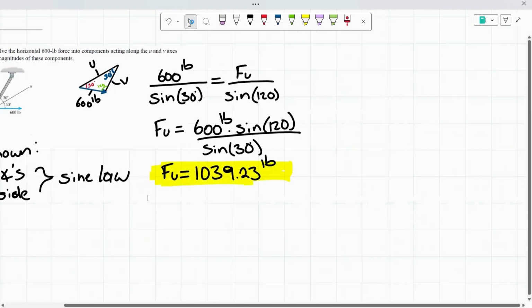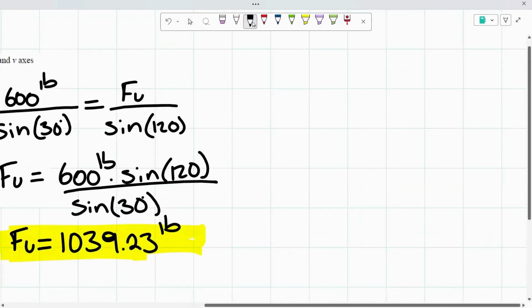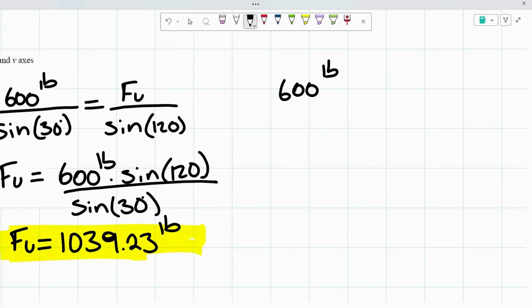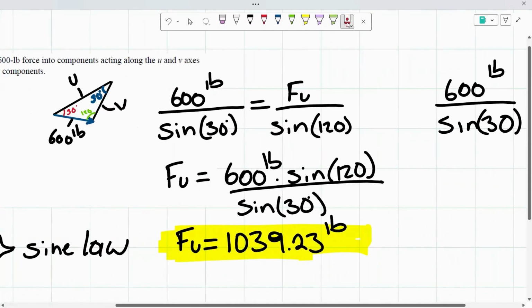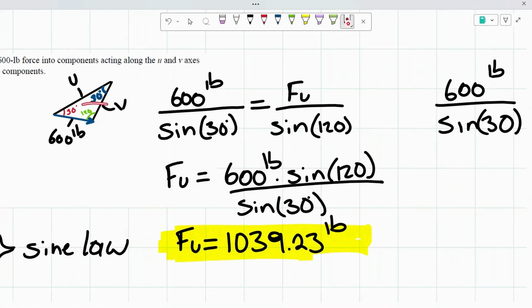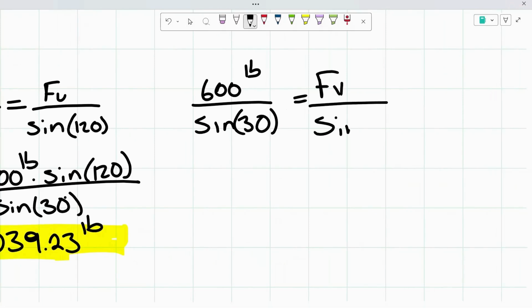And now we're going to try to find the V component. We're going to do the same thing. We're going to take our known side and known angle, which is the 600 pounds and the sine of 30. But now we're going to try to find the V side. So we're going to take F of V over sine of its opposite angle, which is 30.